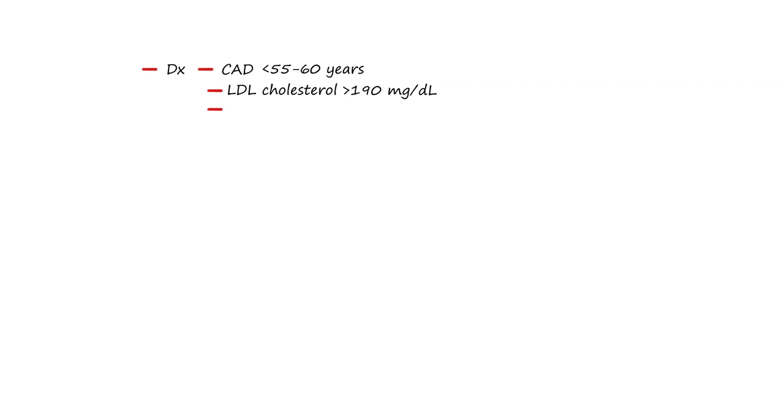Obviously, it's an autosomal dominant disease, so anyone that has a positive family history should be investigated. And then the last is anyone that presents with xanthomas, because remember 75% of these have the very specific xanthoma of the Achilles tendon.